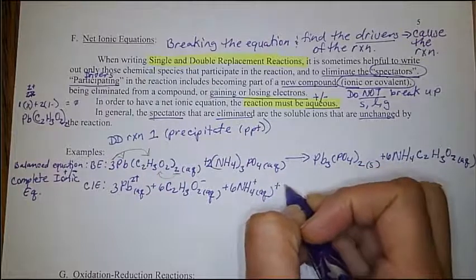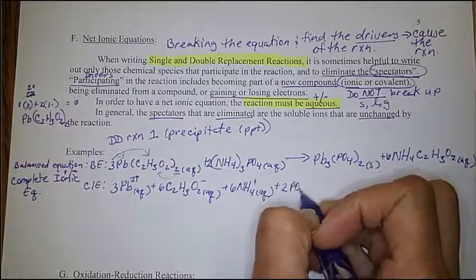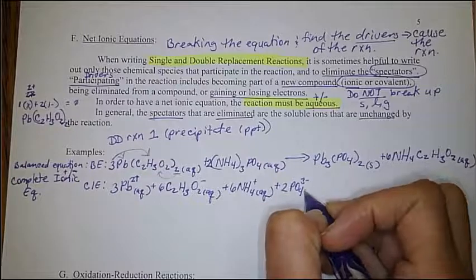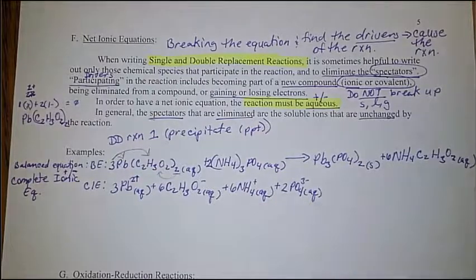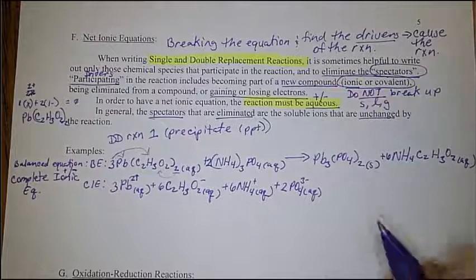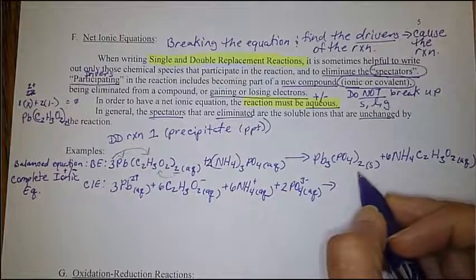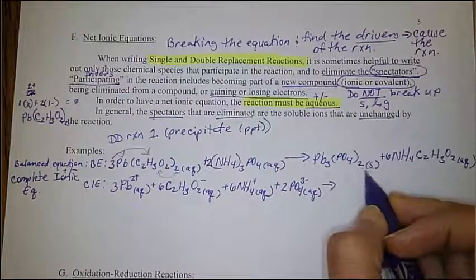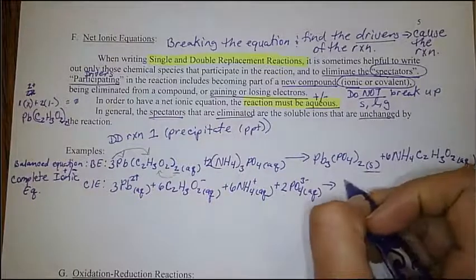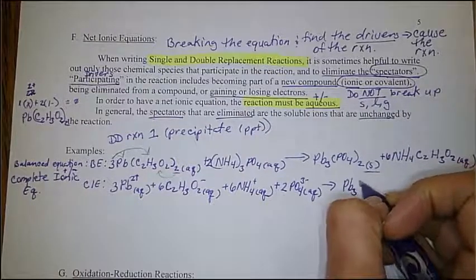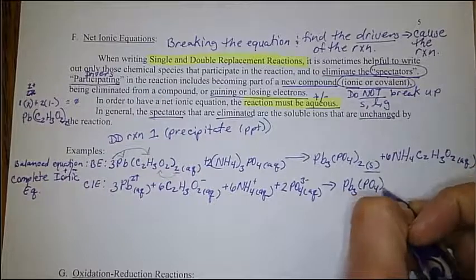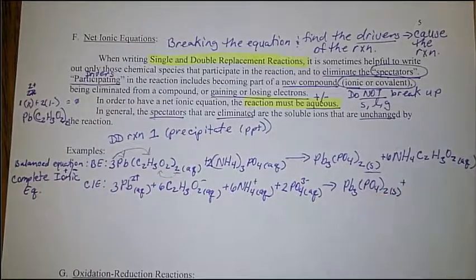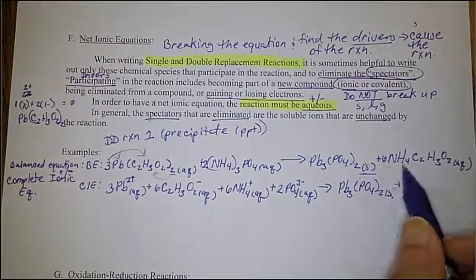Okay, and then we have 2 phosphate ions that are aqueous. And then, of course, we have this as our solid. Since this is a solid, we're going to keep it as it is. We are not going to break it up. And, of course, since this is aqueous, we are going to break it up.